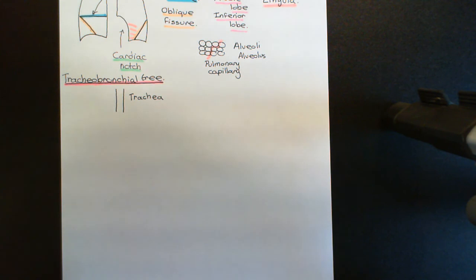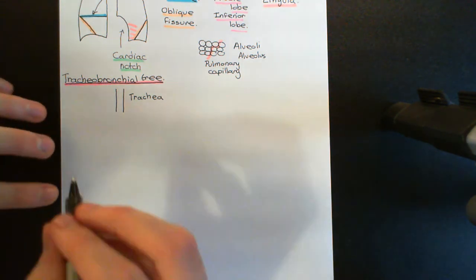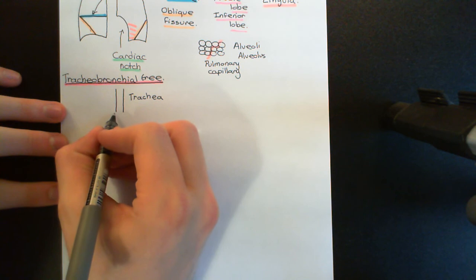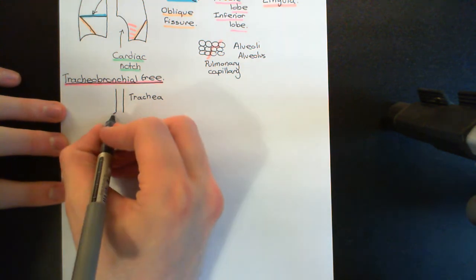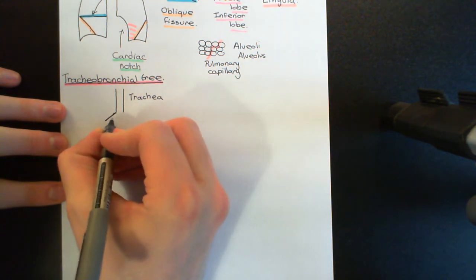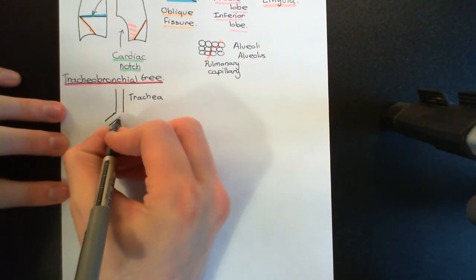So the trachea runs down the neck, and then it's going to go in the space in between the two lungs, and midway down between the lungs, it's going to bifurcate into the two main stem bronchi, one of which is going to go into each lung. So let me draw this now. This is the trachea, and now it's going to bifurcate, and I'll draw this occurring here, like so.